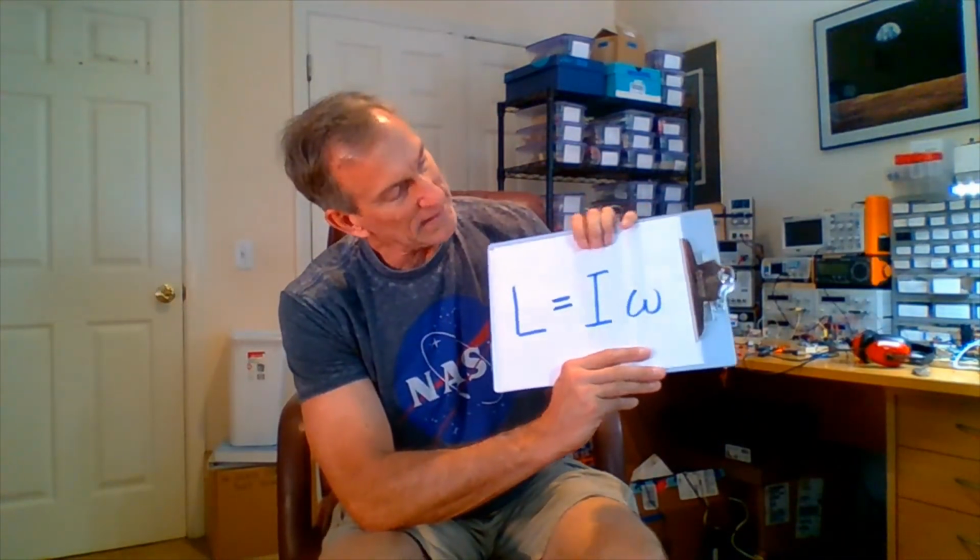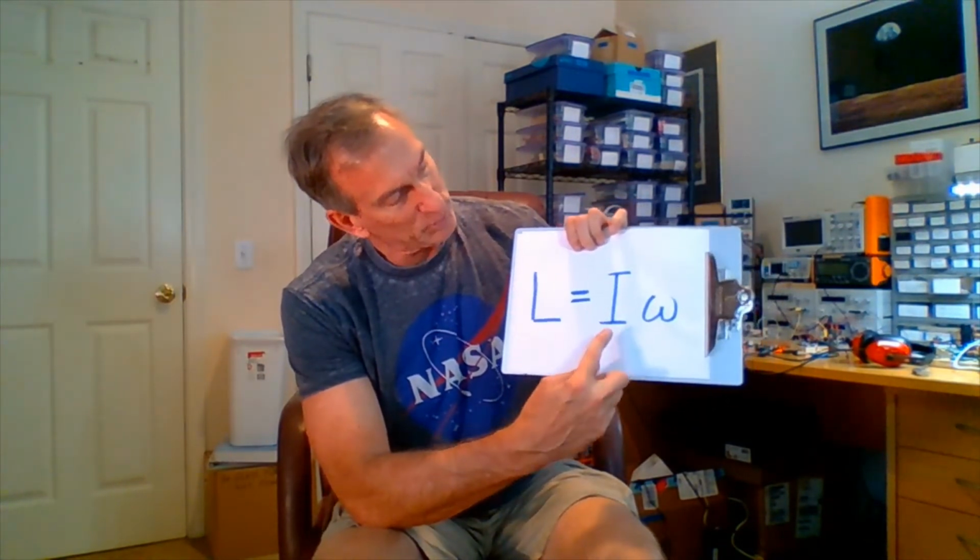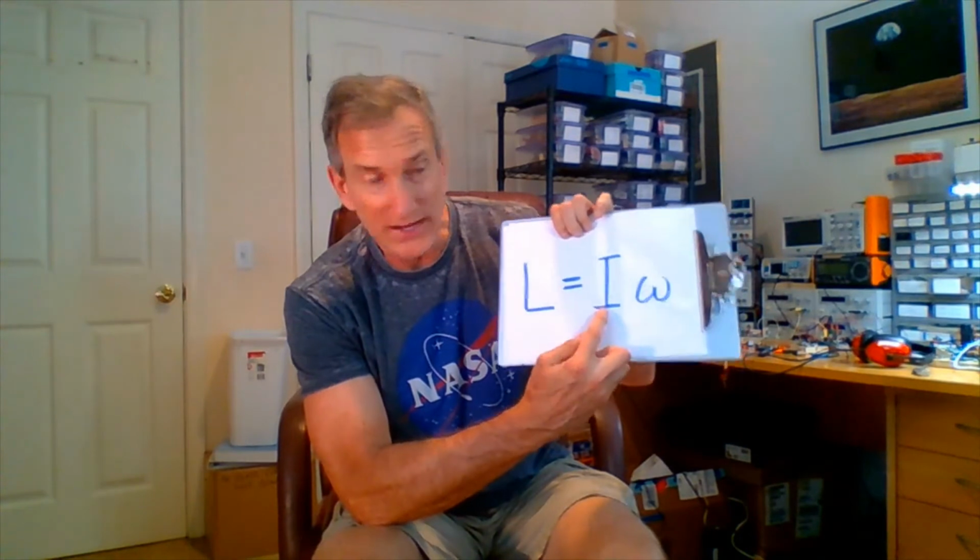Hi there, guys. This is your instructor, Jerry Pinter, and I'm here in my lab to demonstrate the conservation of angular momentum. So we learned in the lecture that angular momentum, L, is equal to I, which is rotational inertia, times omega, which is angular velocity.